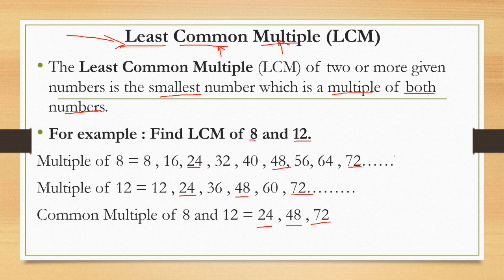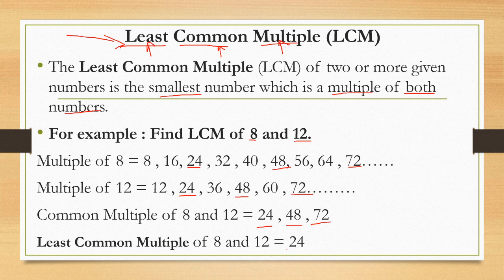Now moving on, we have more common multiples if we write more multiples of 8 and 12, but we have taken only 3. Now we have to take the least common multiple of 8 and 12. So out of these three multiples, the least common multiple of 8 and 12 is 24.